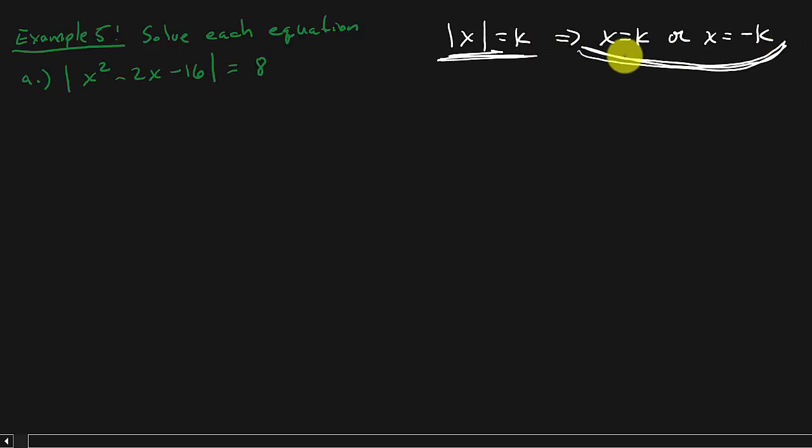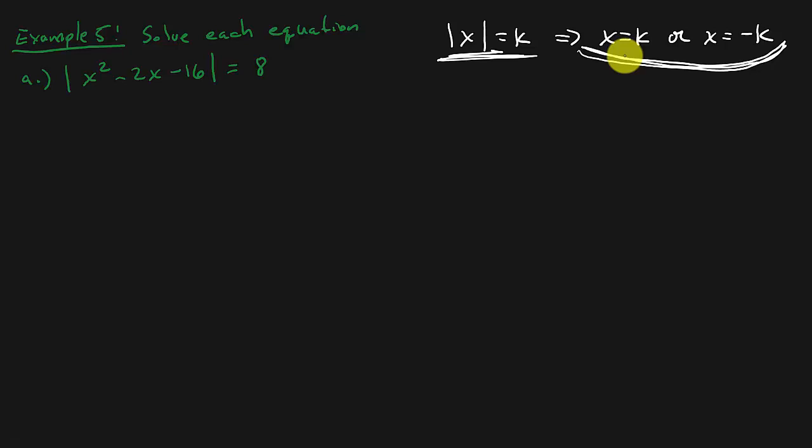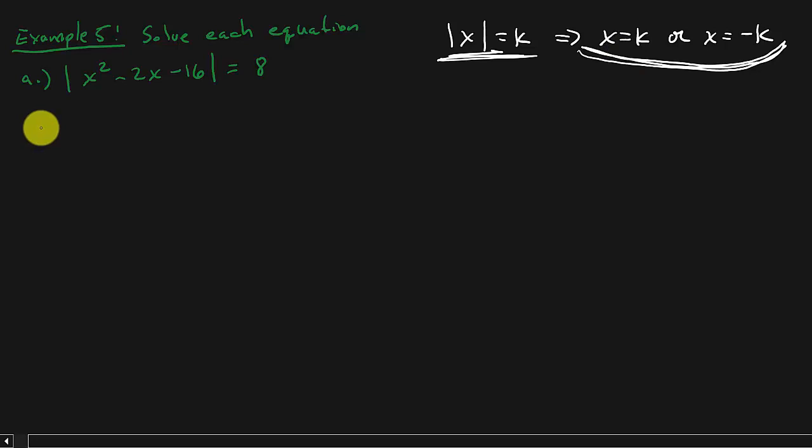If you don't know this, you can't work absolute value equations. So basically all you're doing is, look, write the problem down twice. That's all you got to do. Write the problem down twice, and then this number is going to have a negative.